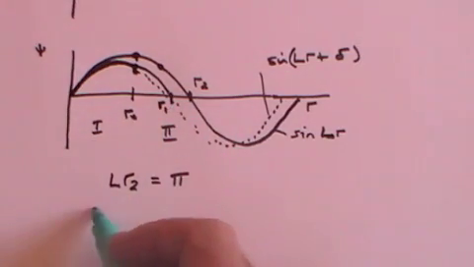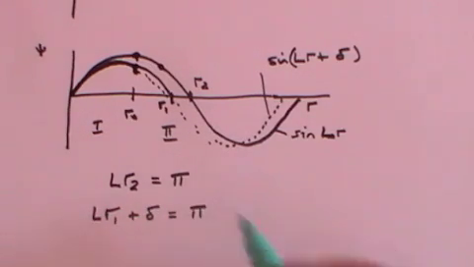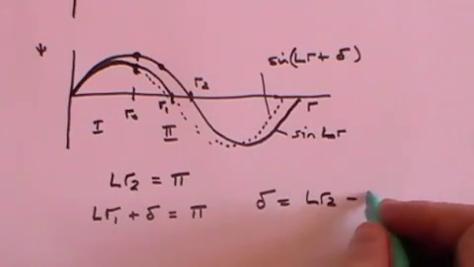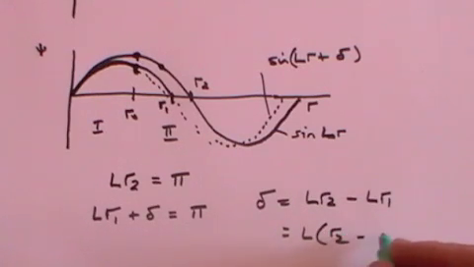And that means that LR1 plus delta is equal to pi. And that means that, of course, LR2 equals LR1 plus delta, which means that delta is equal to LR2 minus LR1, which is L into R2 minus R1.